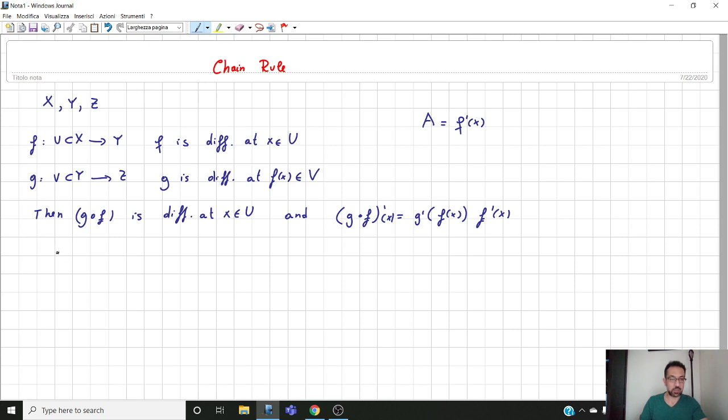Okay, so we know that f is differentiable at x that belongs to U. So here I'm writing the proof.